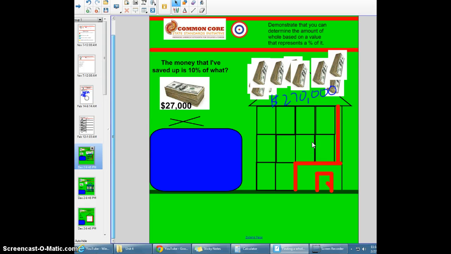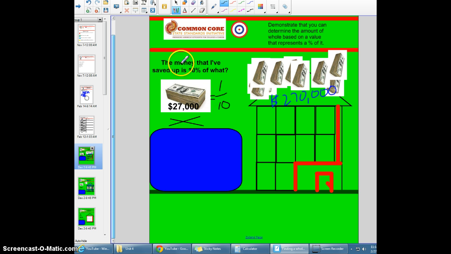I have a visual here to show you. We've worked with circles before. I like to work with squares in this case. $27,000 is represented by 10%. $27,000 is also 1/10. That's what $27,000 is equal to, 1/10. We have to know that's what this means. The money that I've saved up, just call it your down payment, $27,000, is 10%.